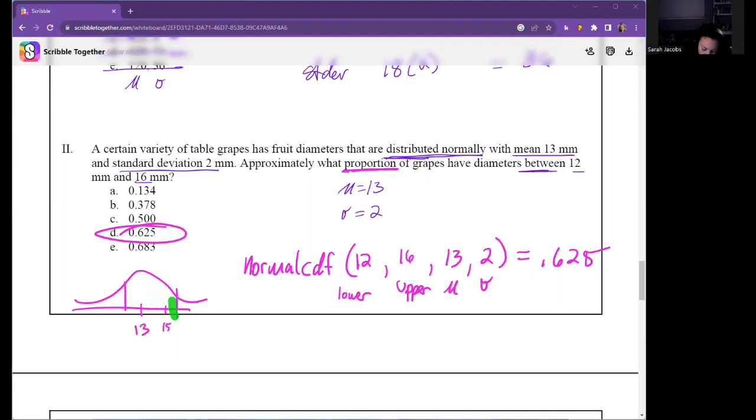So then the question is, how much does this really add and how much do we really account for here? This bit on the left is probably a lot more than you might think just because of the shape of the distribution. So that's how we end up with more than half. But deciding between 0.68 and 0.625, your calculator is necessary for that.